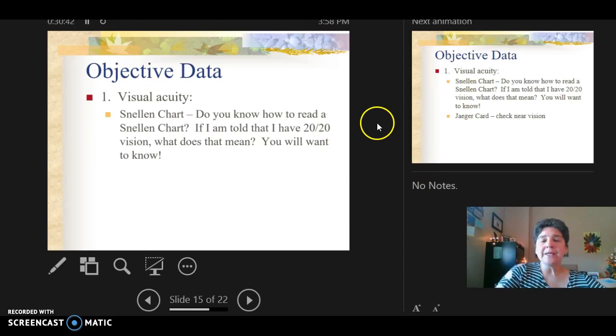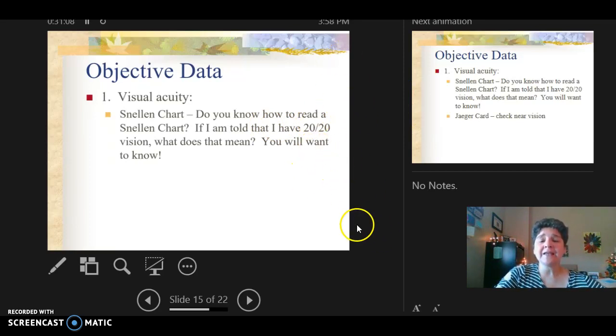Well, if the person is reading at the 20/20 level, it means that they are standing 20 feet from the chart, and they can see that chart. The person who has normal vision could see that chart from 20 feet. So that means that their vision is pretty normal or pretty good.